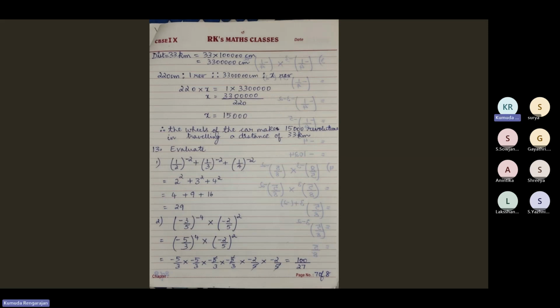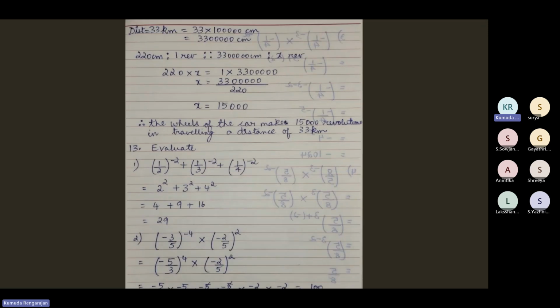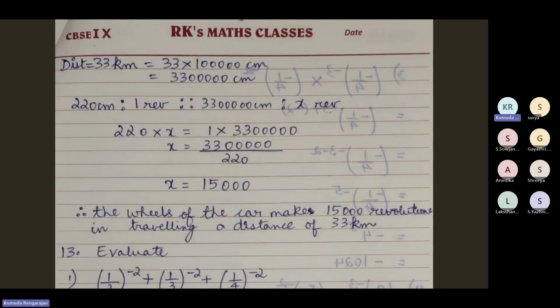I've used a proportion here. You can also do it like this. 220 centimeters is covered in one revolution. Then so many centimeters are covered in x revolutions. This is a proportion. If the distance is 220 centimeters, that is covered in one revolution. If the distance is 33 followed by 5 zeros centimeters, then what is the number of revolutions?